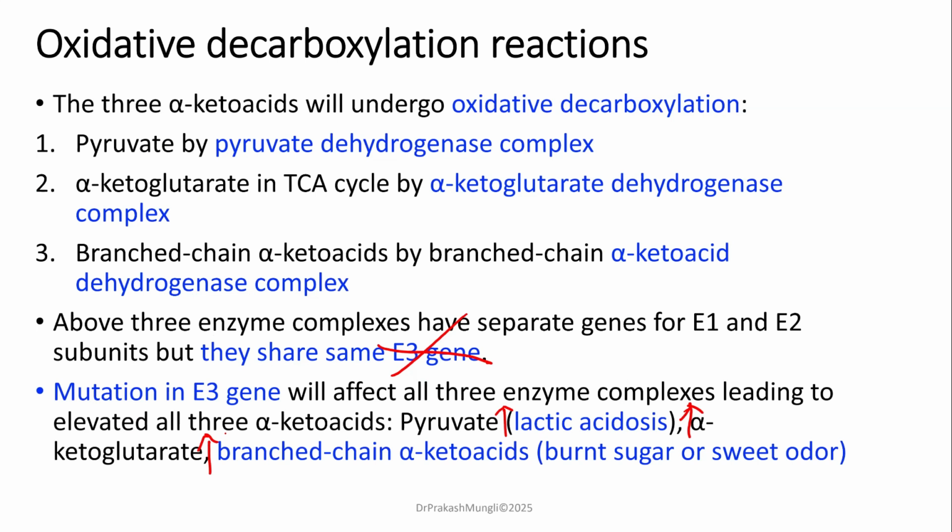We don't have a separate sign for alpha ketoglutarate, but overall, the patient will be in metabolic acidosis. Why? Because lactic acid and alpha ketoglutarate are acids, with COO minus, and alpha keto acids. They are all acidic molecules. There will be metabolic acidosis and the consequences of metabolic acidosis.